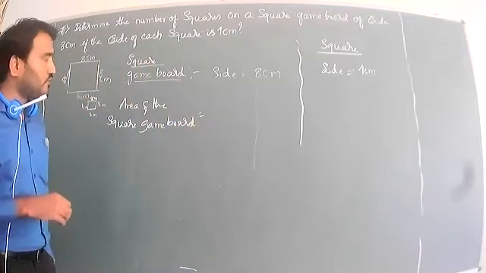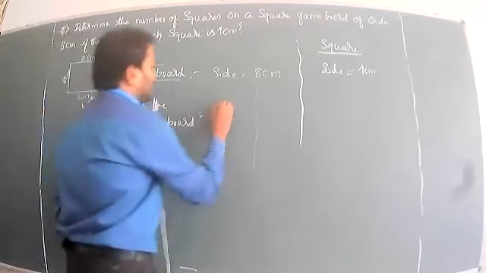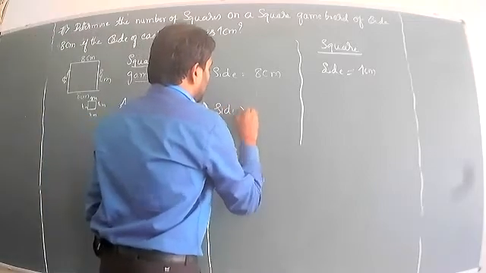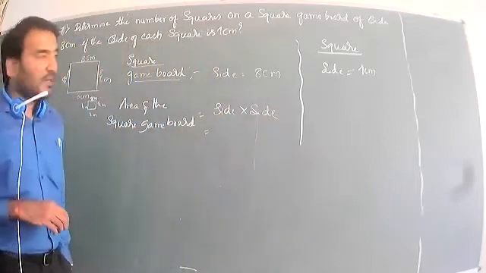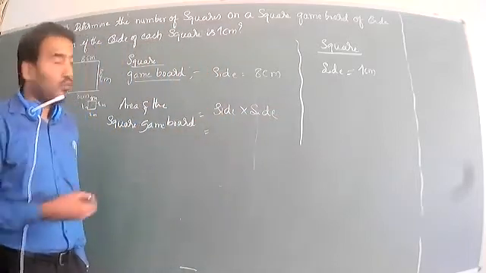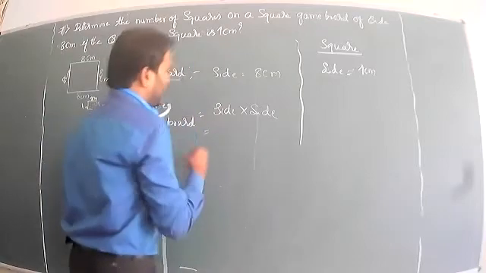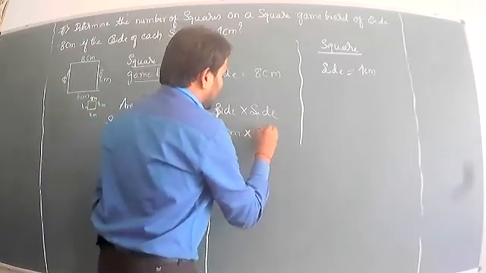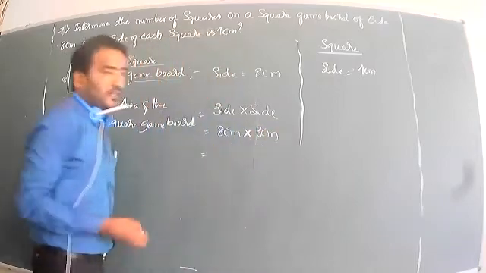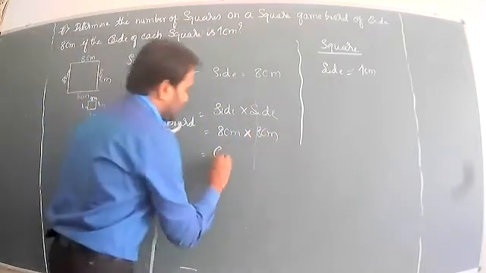What is the area of the square? Side into side. You must write the formulas, because marks are given for the formulas. Side is 8 centimeter into 8 centimeter, so 8 eights are 64 square centimeter.